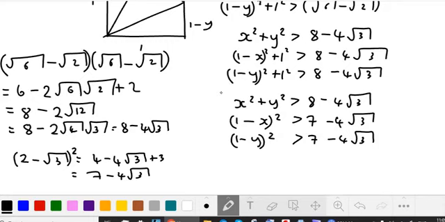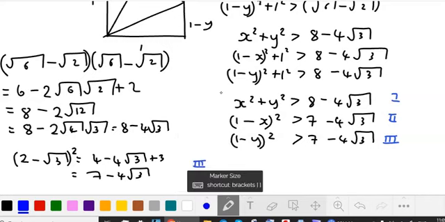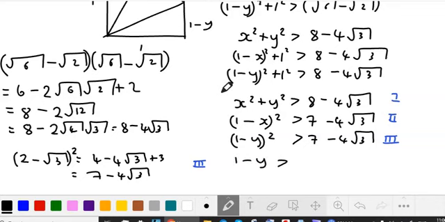So, if I label my equations 1, 2, and 3, and if I take 3 and I take the square root of each side, the positive square root, I get 1 minus y is greater than 2 minus root 3, which means that 1 plus root 3 minus 2 is greater than y, so y is smaller than root 3 minus 1.